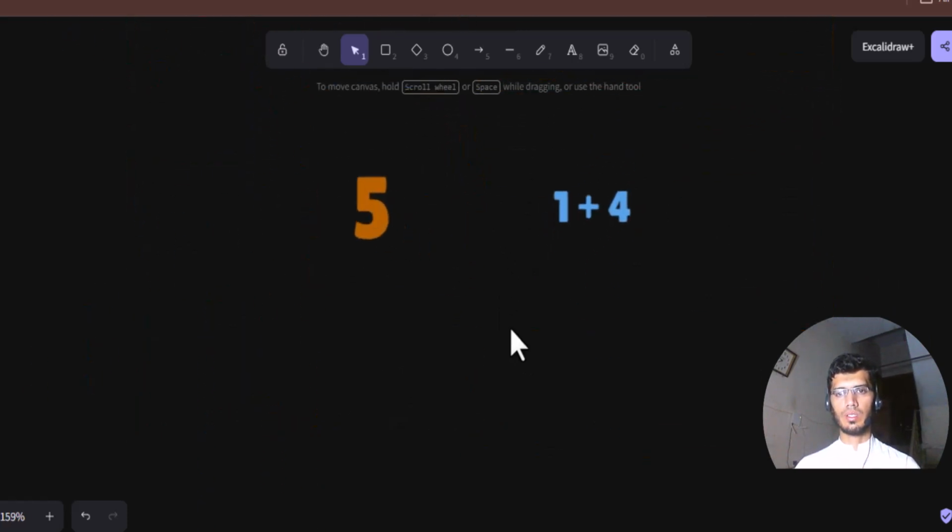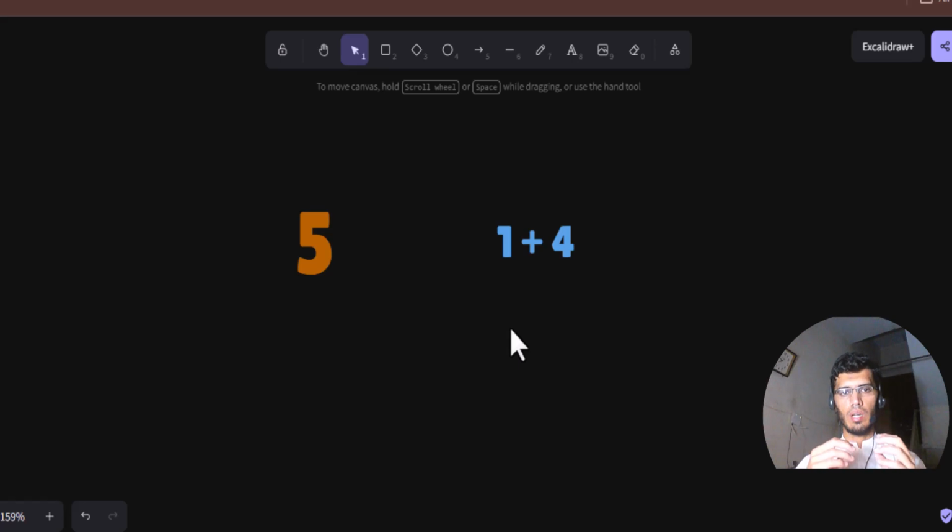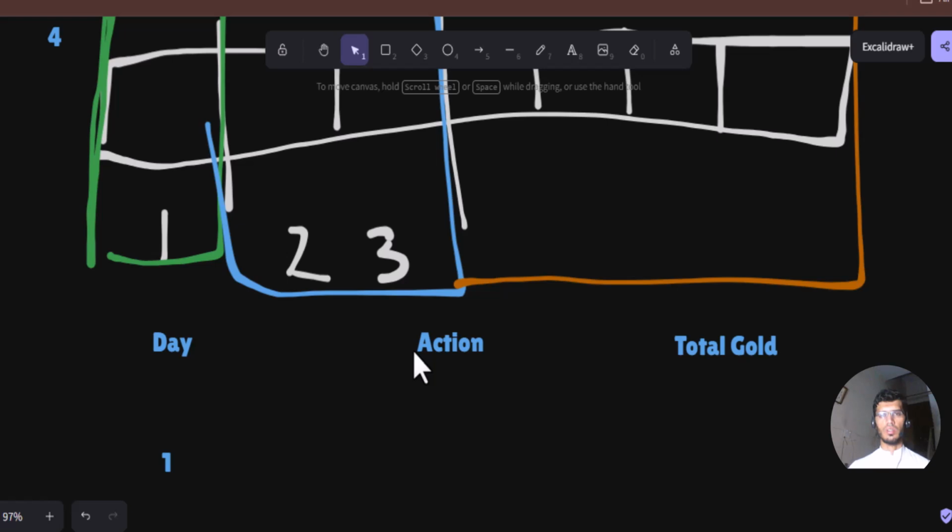By combining these two, the employee would have a total gold of 5 units. Now let's simulate this. Since we have divided our rod into 3 units of 1 piece, 2 pieces and 4 pieces.